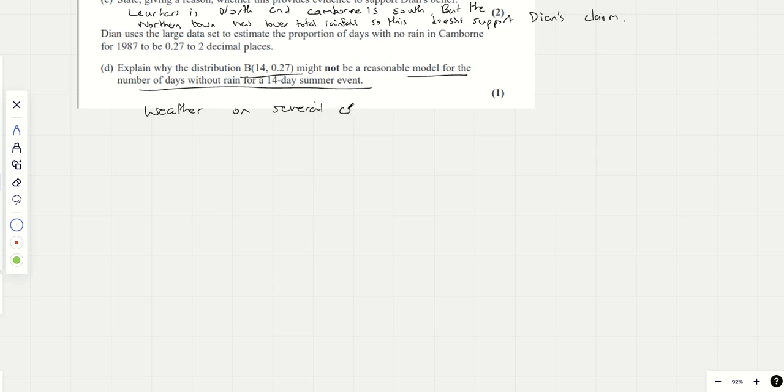Several consecutive days are unlikely to be truly independent.